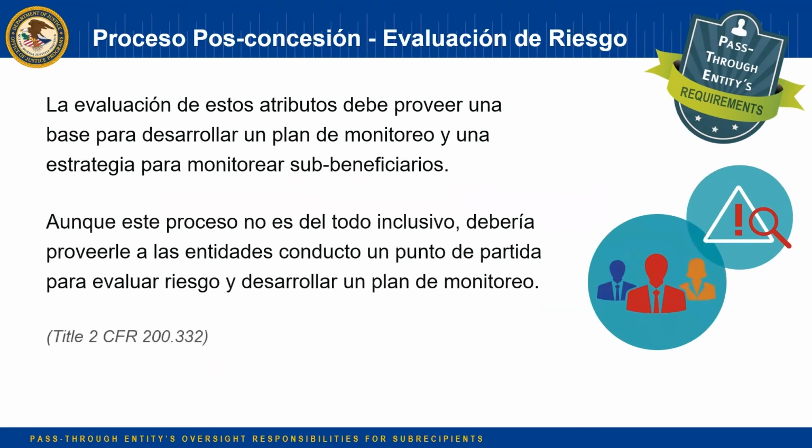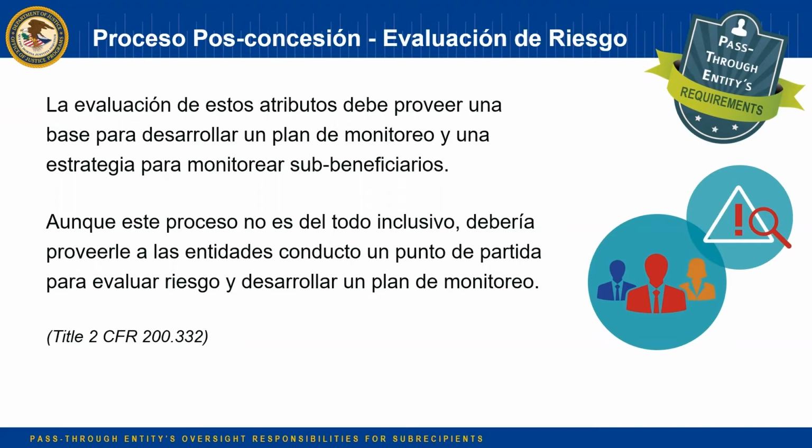So again, the assessment of these attributes should provide a clear basis for creating that monitoring plan. While this process is not all inclusive, it should give the pass-through entity a starting point as to what organization should be in our plan for this year, whether we're talking about in-person or desk review.